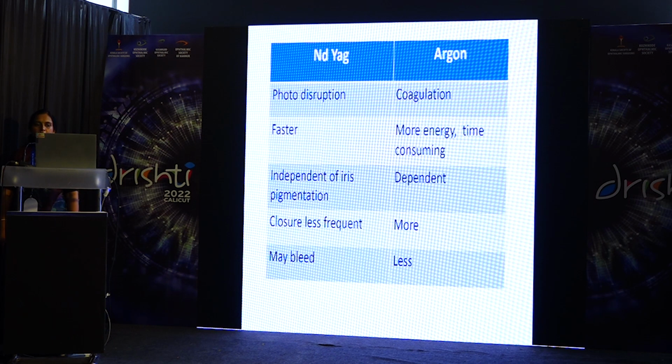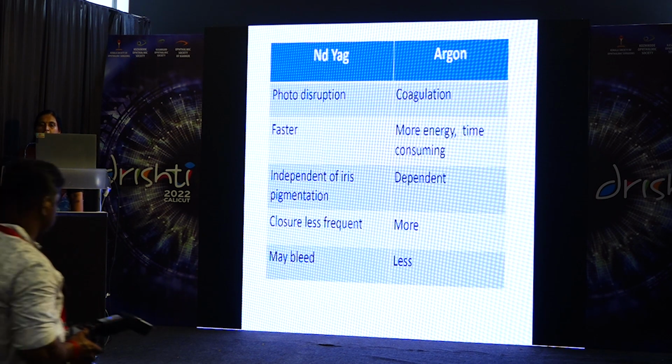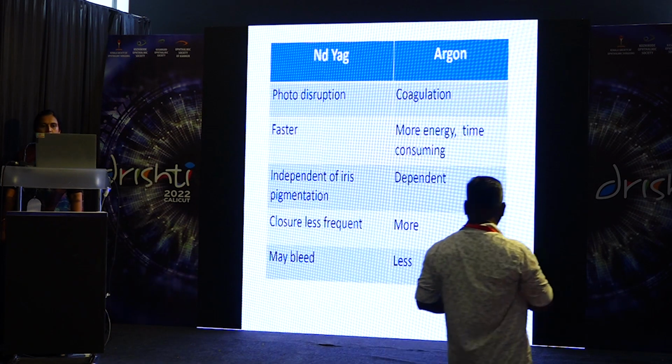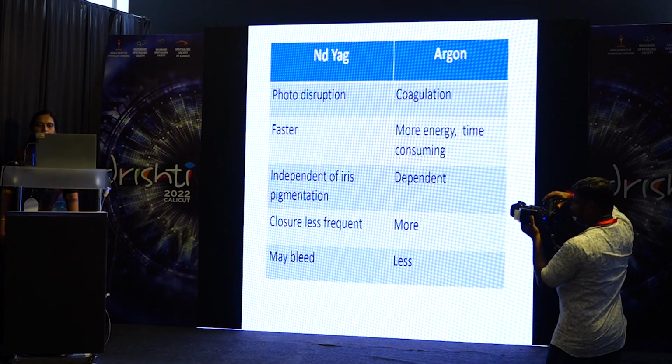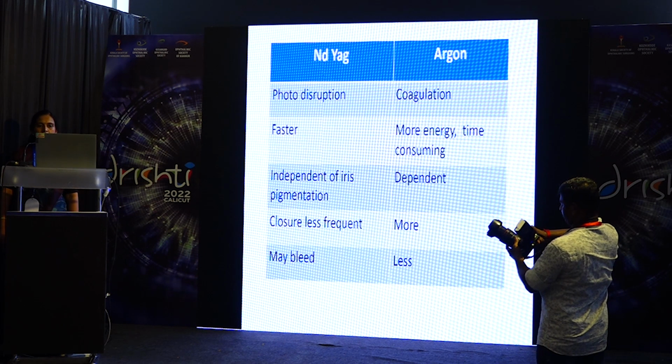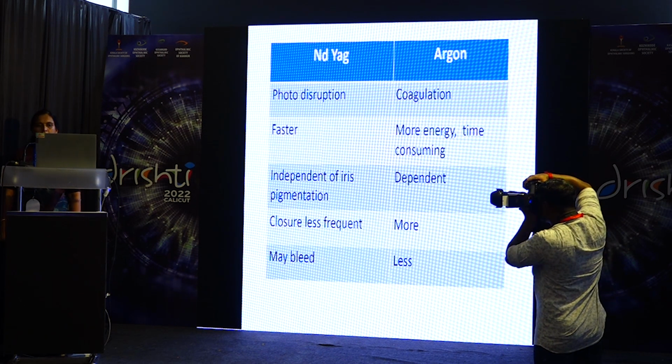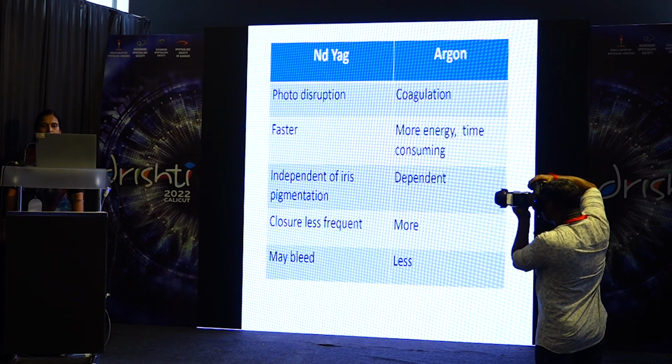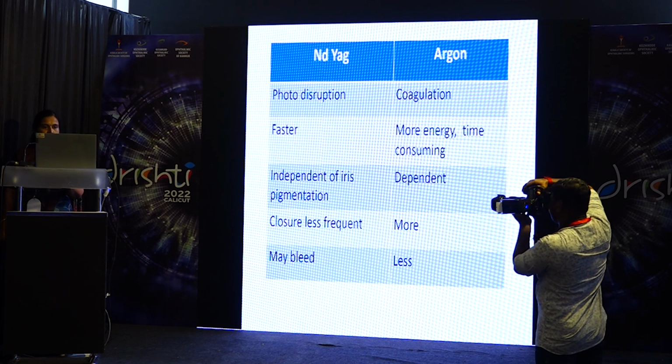And it is very difficult to do laser ND-YAG PI in case of a thick peripheral iris with no crypts. So in those cases, you have to supplement ND-YAG laser with, or pre-treat the iris with, argon laser, which has a coagulative action, and the chance of bleeding is much less compared to YAG laser.